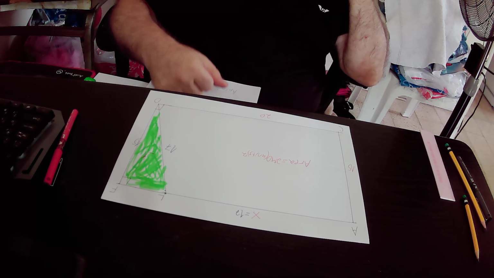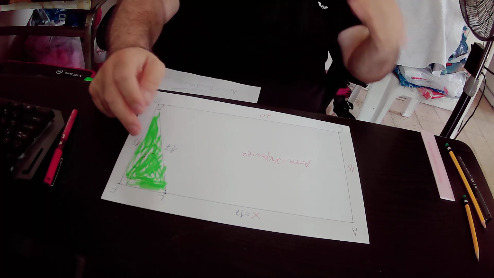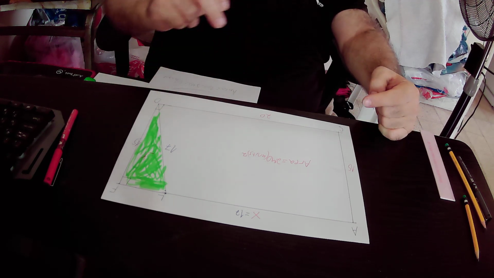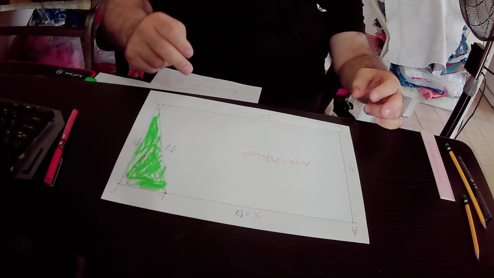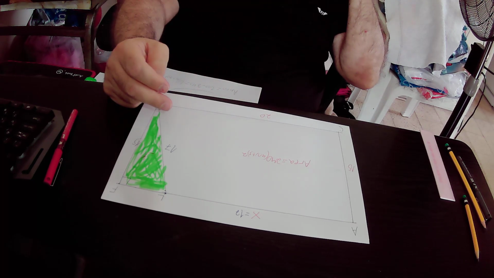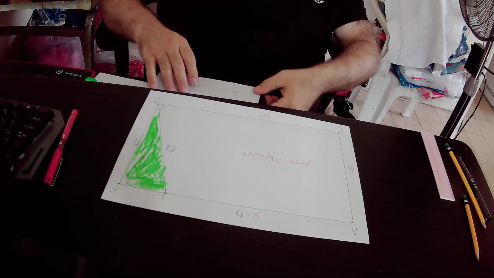But the area of the green right triangle will be equal to the area of the rectangle minus the area of the white shape. So it will be equal to 300 minus 240 square units, or the area of the green right triangle will be equal to 60 square units. Okay?